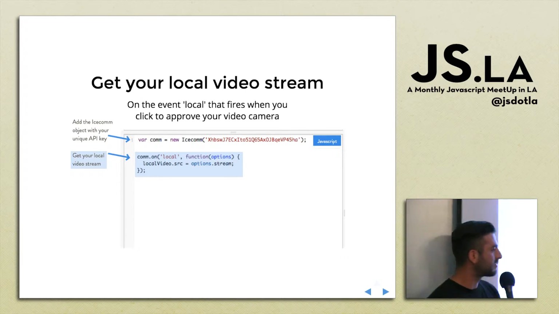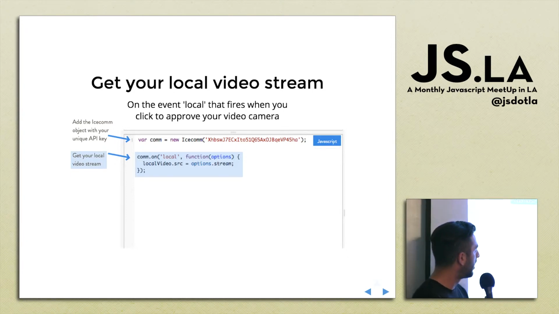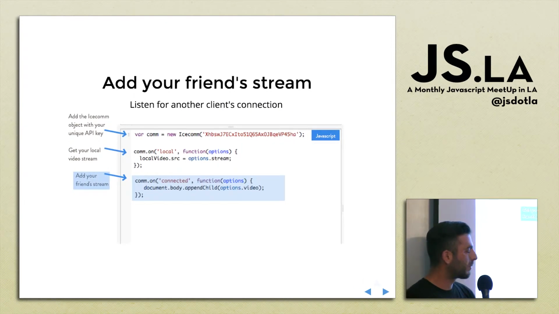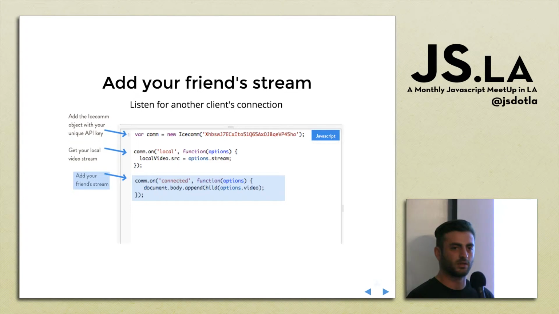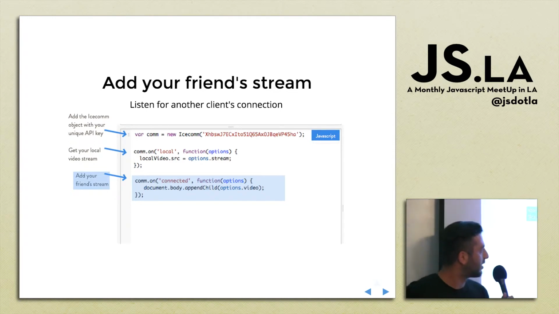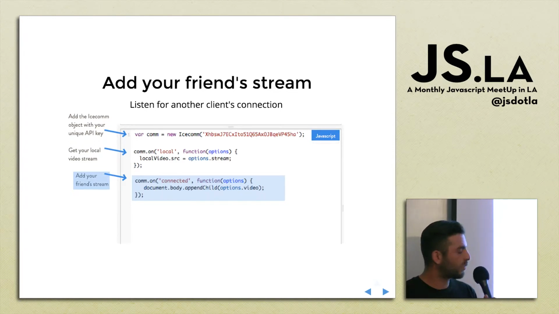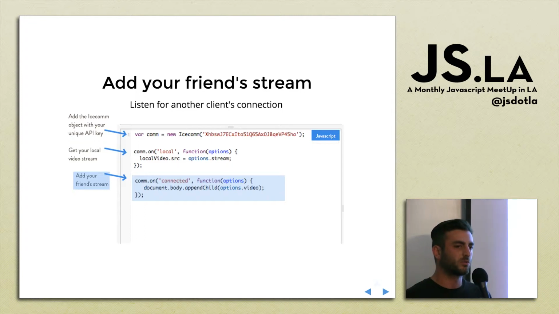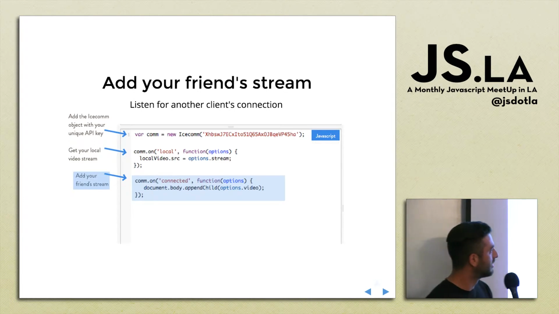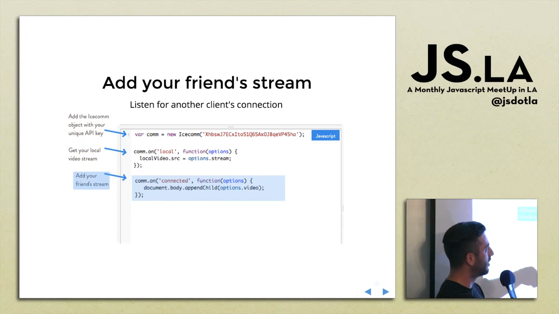Then next, if you're building a video chat app, you're going to want the remote users' connection, and that's where the onConnected event handler fires. Once somebody else enters the room that is not you, then that will fire, and you can take the video or a stream.